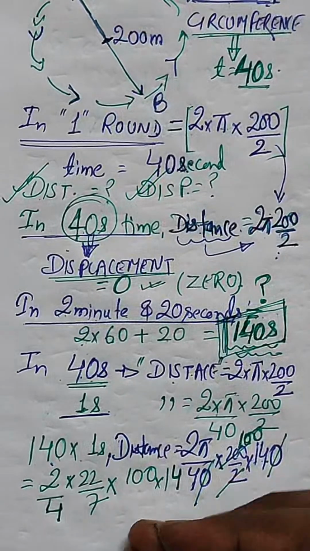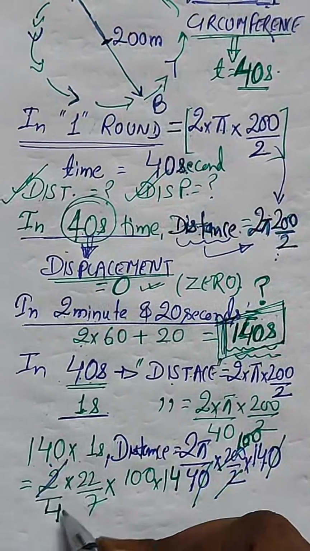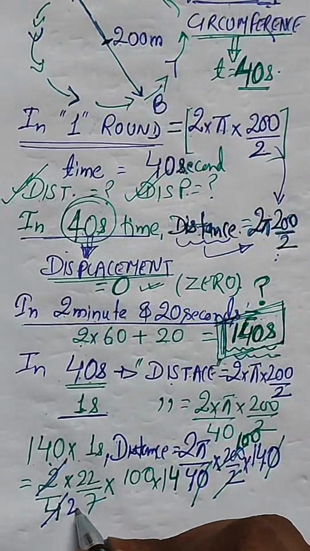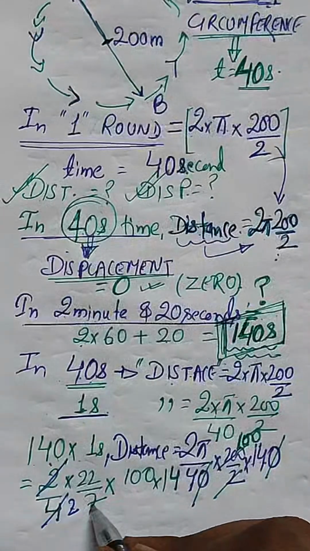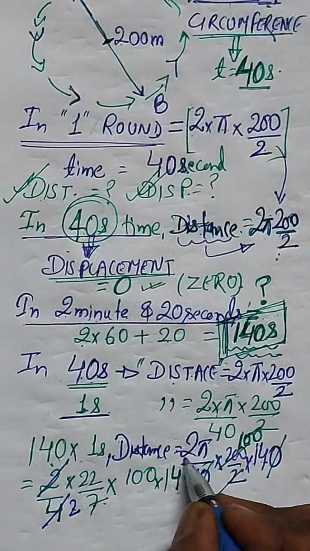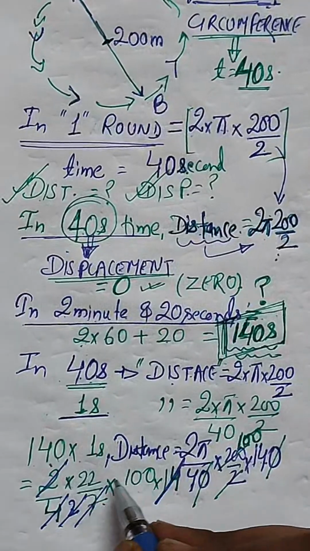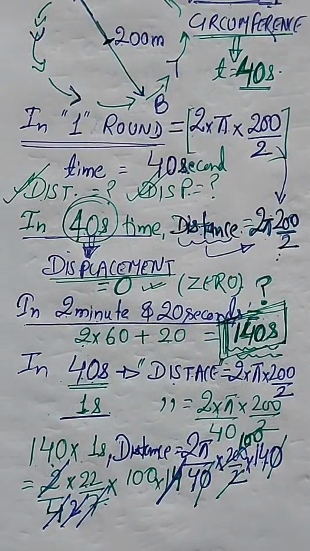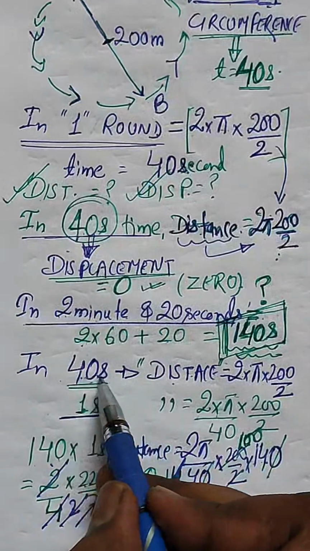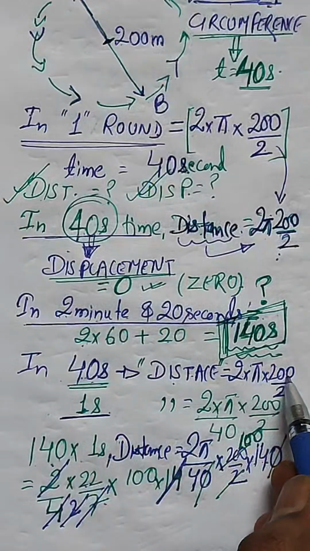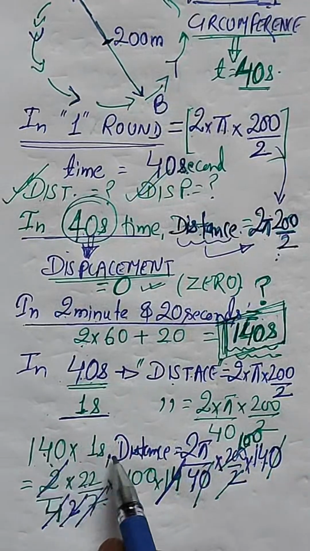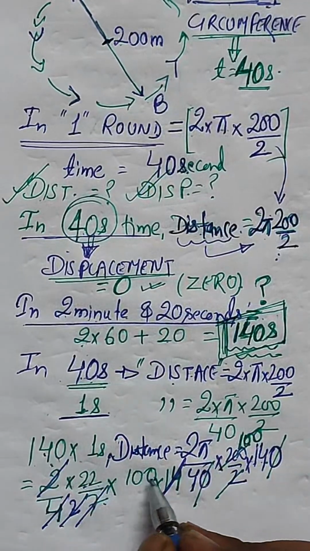So here you can see 2 will divide this 4 in 2 times, and 2 into 7 will be 14, and this 14 will divide this 14, right? So again we are left with 2200. So in 40 seconds of time the distance was 2 pi r, and in 140 seconds of time the distance is 2200.